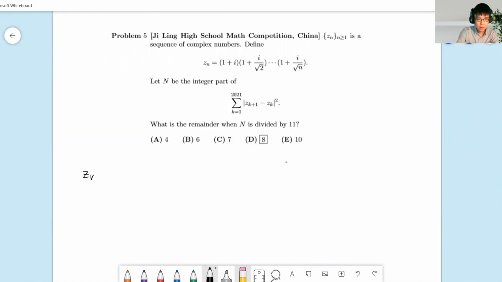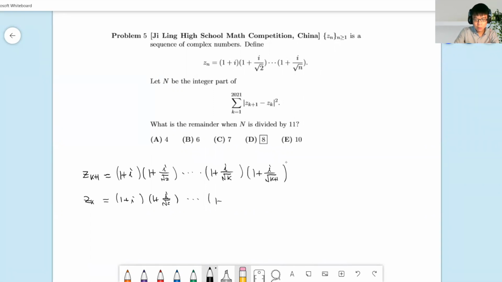So z_(k+1) equals (1 plus i) over root 2, up to (1 plus i) over root k, times (1 plus i) over root (k plus 1). And also z_k is (1 plus i) over root 2, up to (1 plus i) over root k.